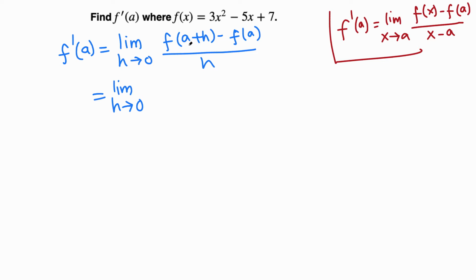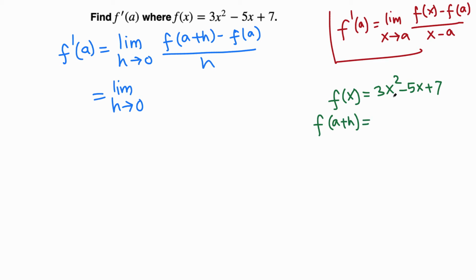So what is f of a plus h and f of a? That is evaluated from this function. You don't have to show this step, but I'm going to show it here. The function is 3x squared minus 5x plus 7. So I want to find f of a plus h.